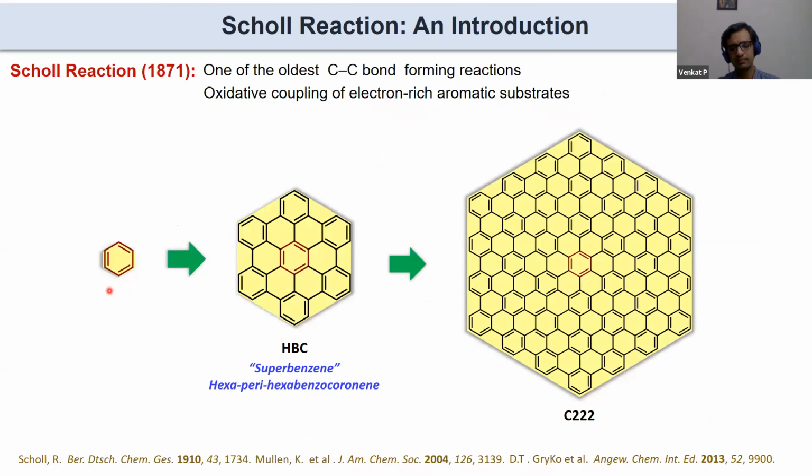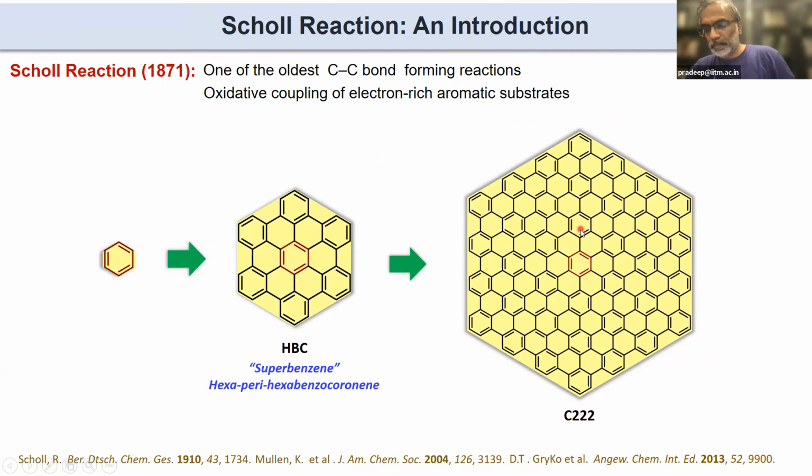Very importantly, how do we construct such large graphenic structures? That could be the question lingering in your minds. What I would tell you is the Scholl reaction is mainly the reaction that is being used to build such larger, well-defined polycyclic aromatic hydrocarbons.